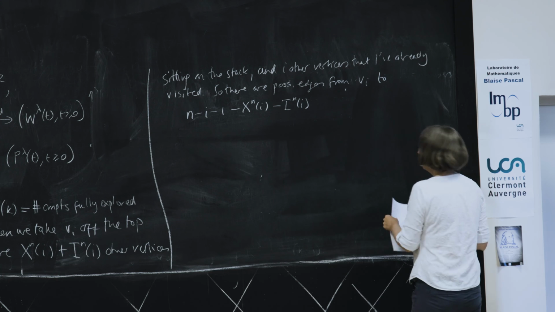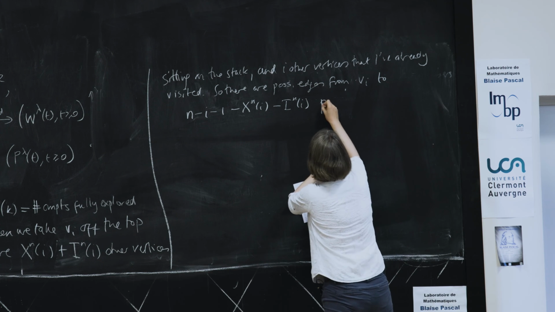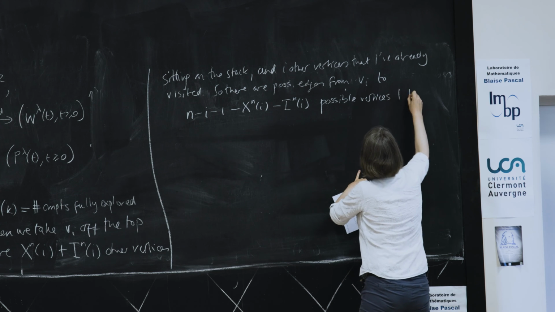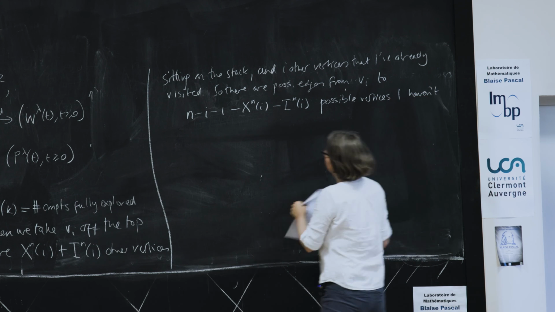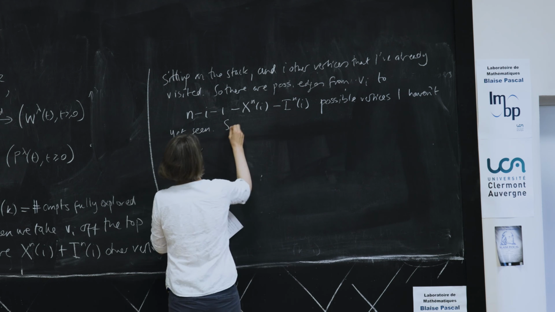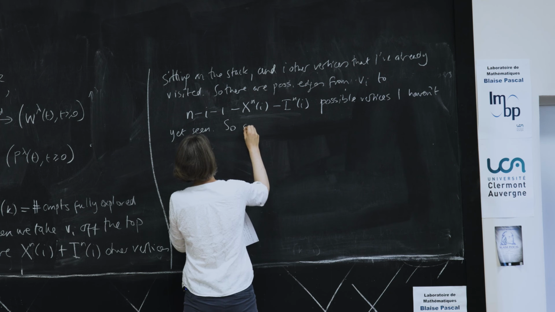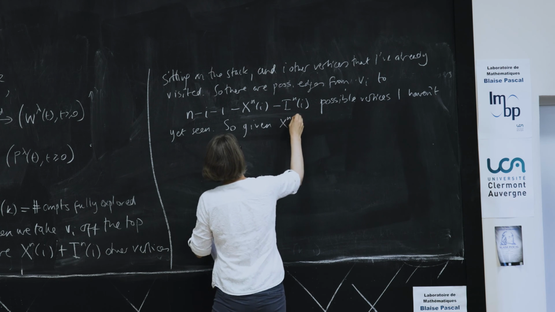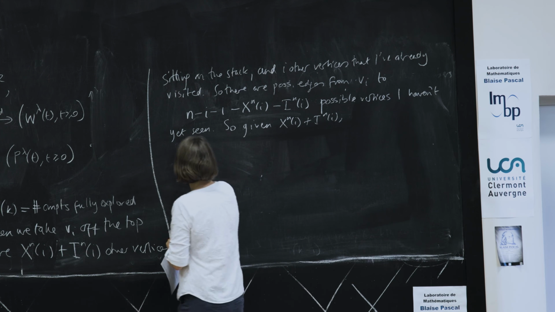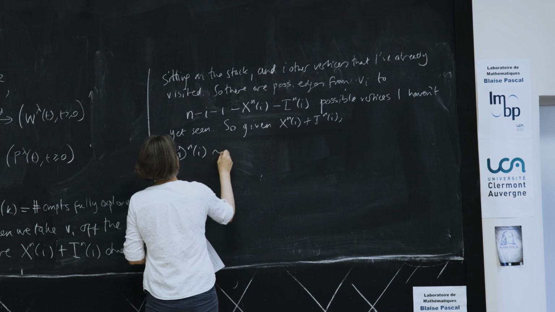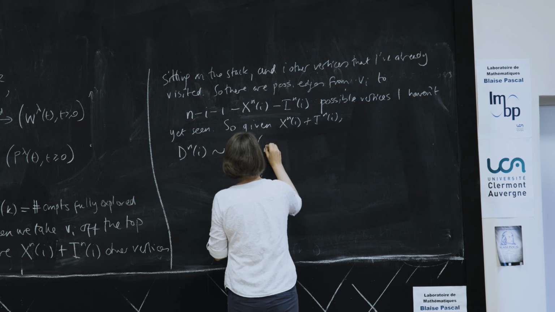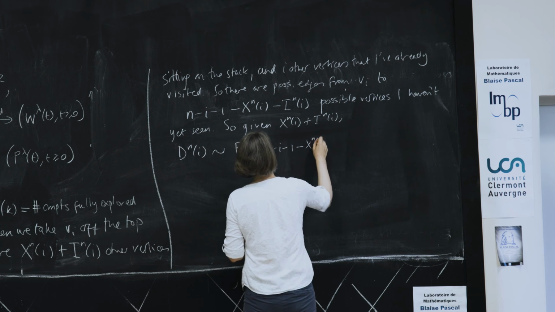So these are possible vertices I haven't yet seen. In particular, if I allow myself to know the information X_n(i) plus I_n(i), the distribution of this d_n(i) is simply binomial with this first coordinate as its parameter.